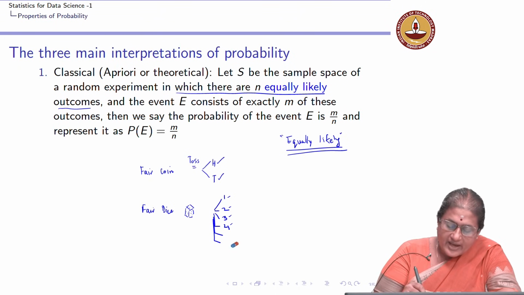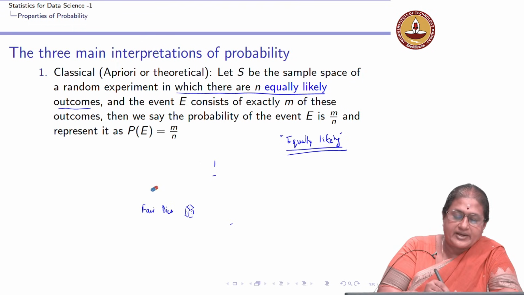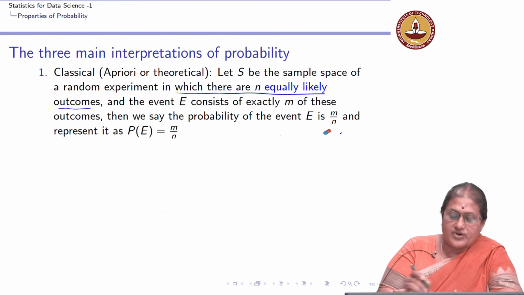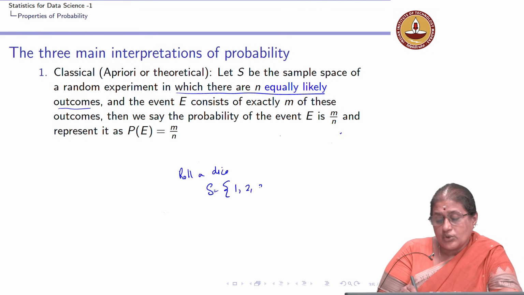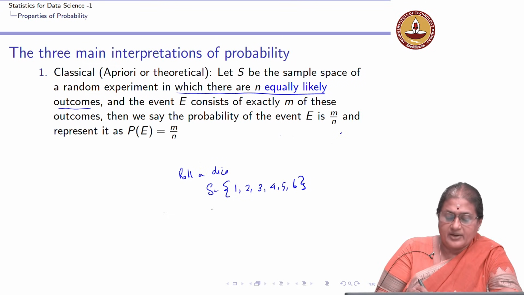So, I have an experiment where my outcomes are equally likely and an event consists of exactly m of these outcomes. For example, again let us roll a die. My sample space here is going to be 1, 2, 3, 4, 5 and 6, and each one of these outcomes is equally likely.